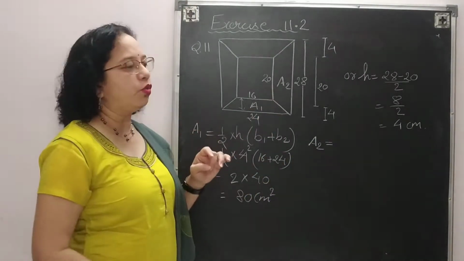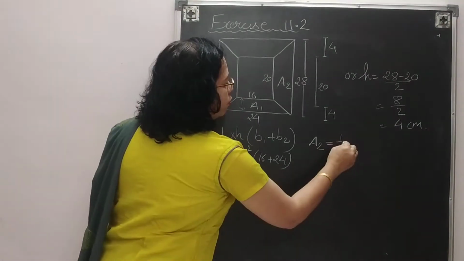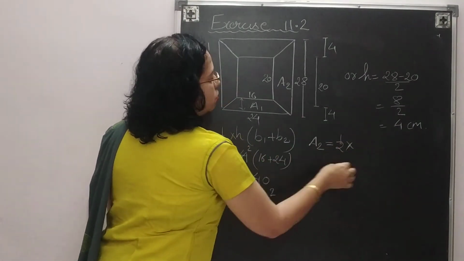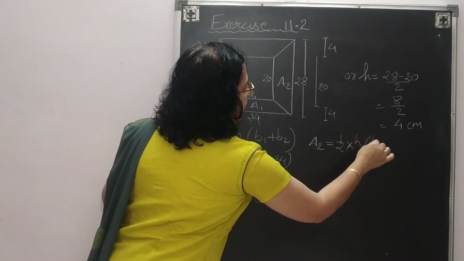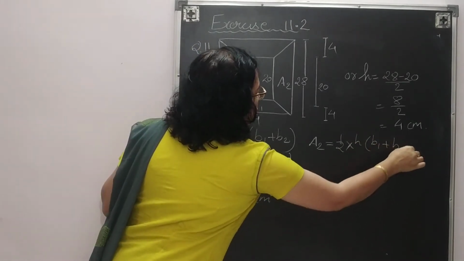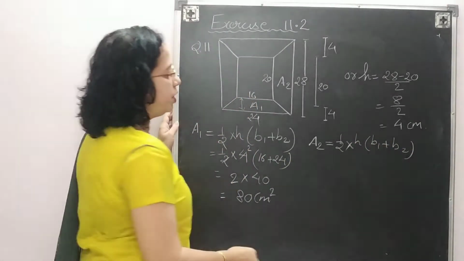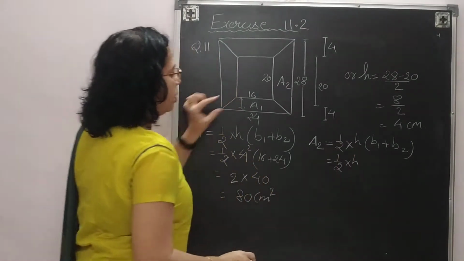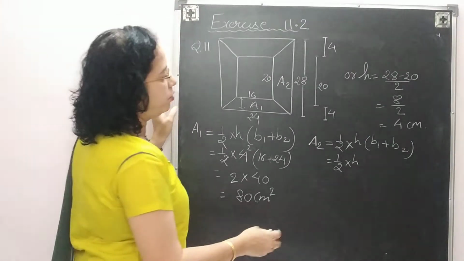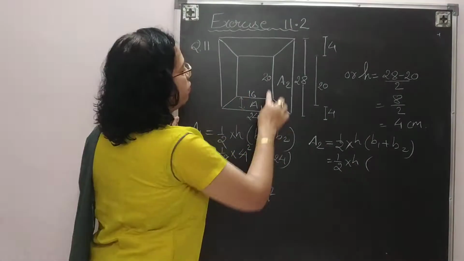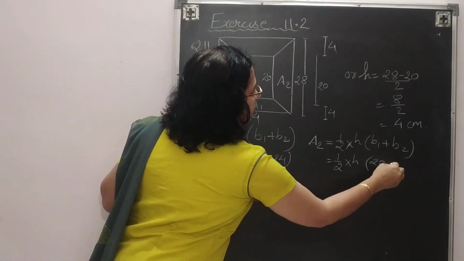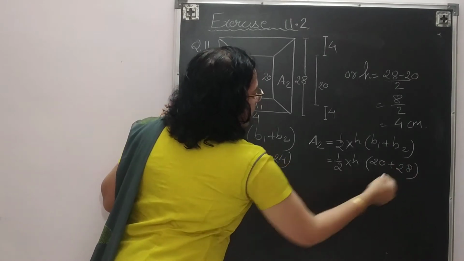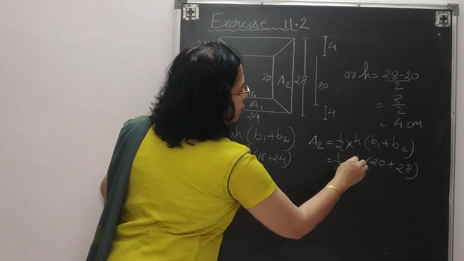Now we will find the area of A2. Again the formula will be the same because this is also a trapezium: half into height into the sum of parallel sides, B1 plus B2. Substitute the values. The height will be the same because the width is the same everywhere. Here B1 will be 20 and the other one will be 28. Sorry, here I am supposed to write 4.